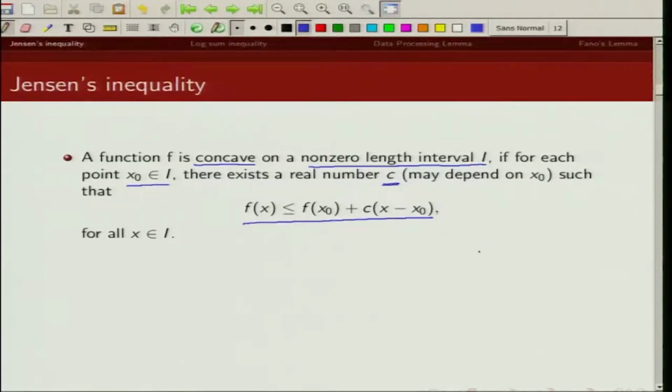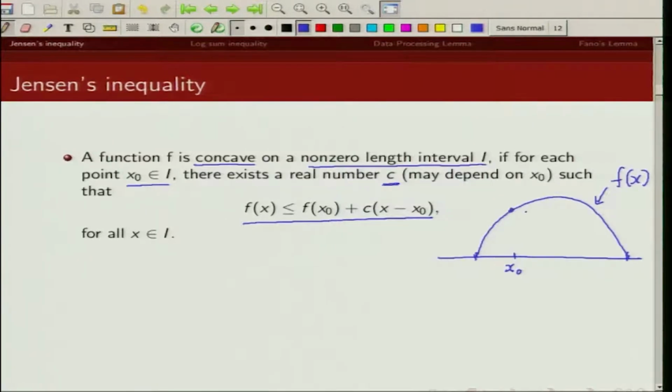Let's just draw, let's say this is a function defined over this interval from here to here. Now take any point belonging to this interval. Let's just take this point x naught, and this is my function f of x. So what is f of x0?